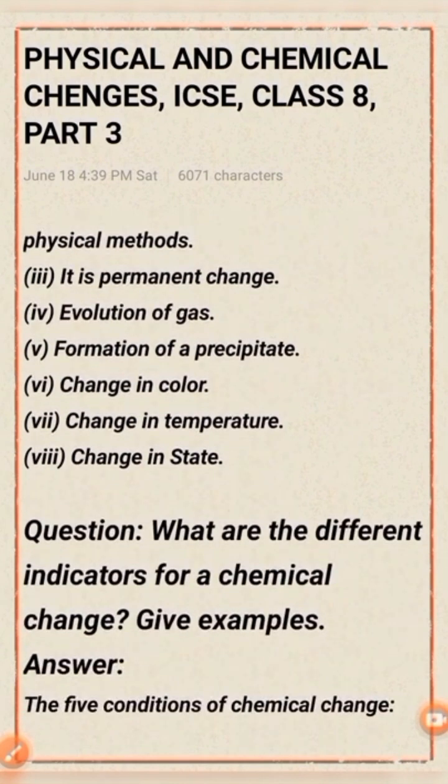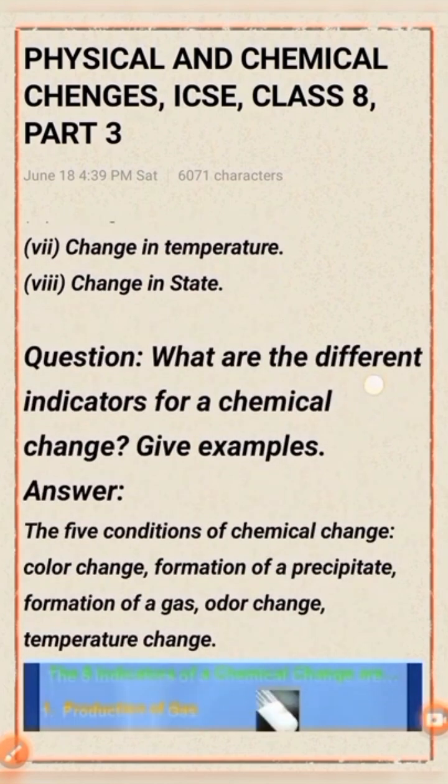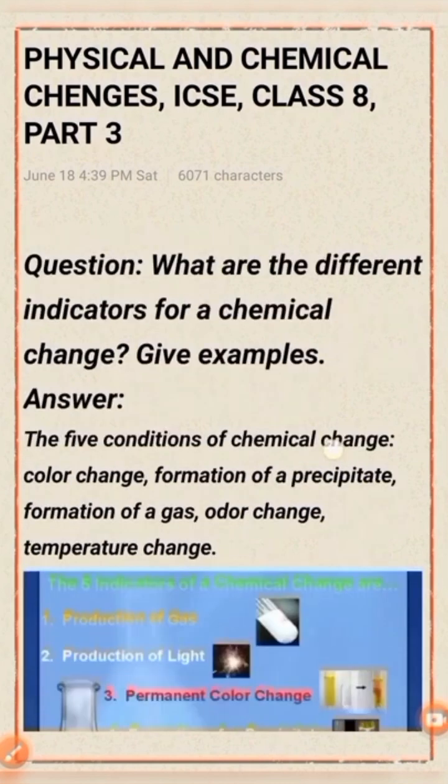Next question, what are the different indicators of a chemical change? Give examples. The five indicators, that is, five conditions of a chemical change: color change, formation of a precipitate, formation of a gas, odor change, temperature change.